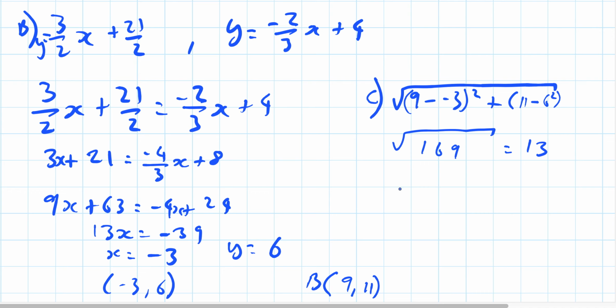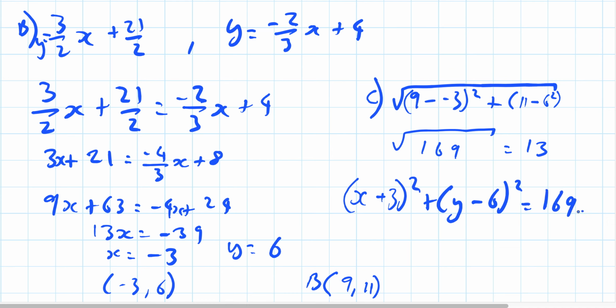So that's the distance from the center to the circumference, so that's the radius. So the equation of my circle becomes x minus minus 3, so x plus 3 squared, add y minus 6 squared equals 13 squared, which is 169. Okay, so that's all done.